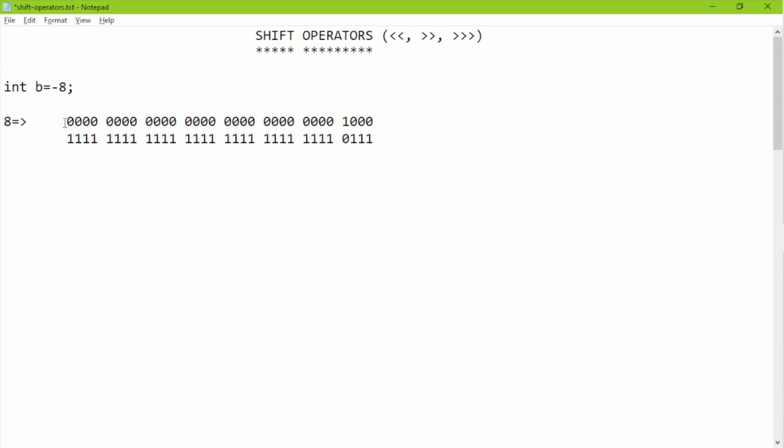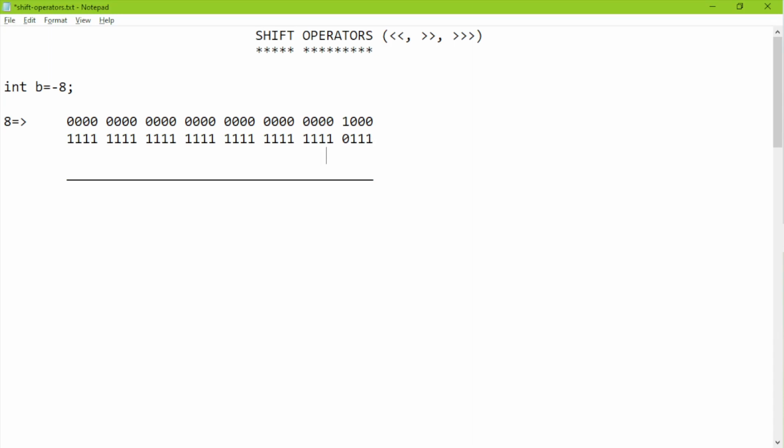Now all zeros are converted into 1 and ones are converted into 0. Now we have taken the negation.